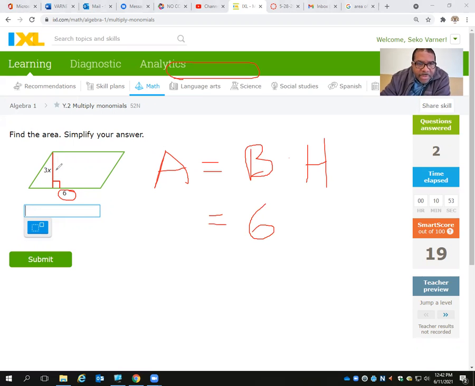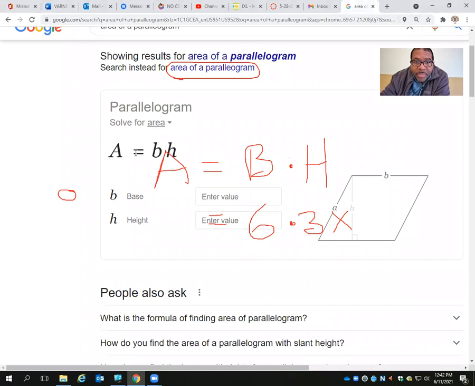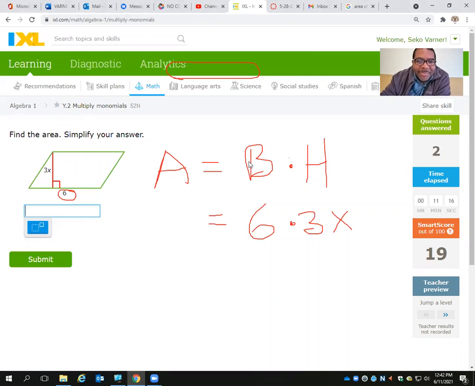The base is 6, the height is 3x. So it's really base times height, so it's 6 times 3x. Once we look back here, area is base times height, so the base is 6, and the height is 3x. I keep messing that up. All right, so let's solve this.